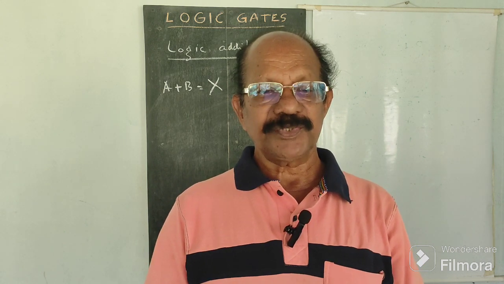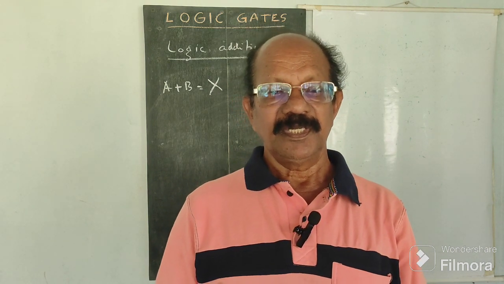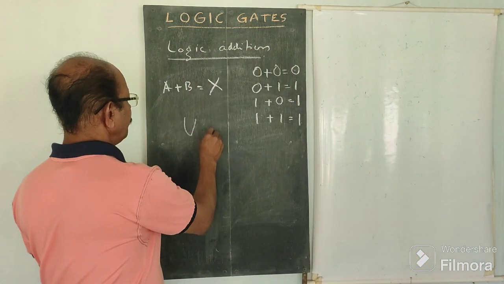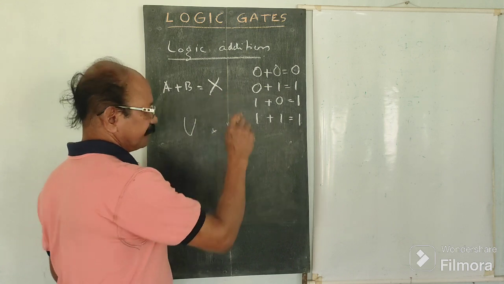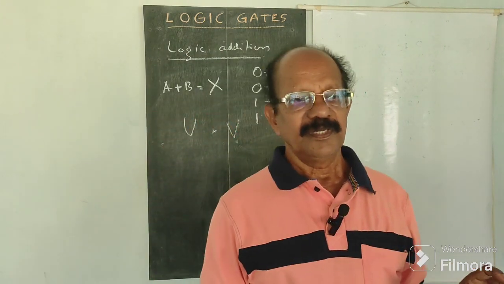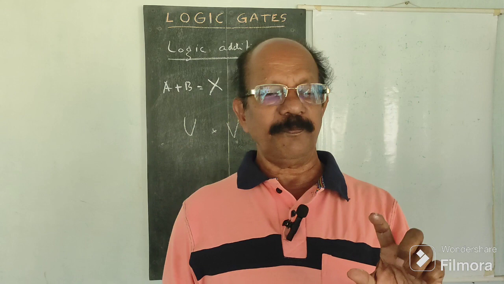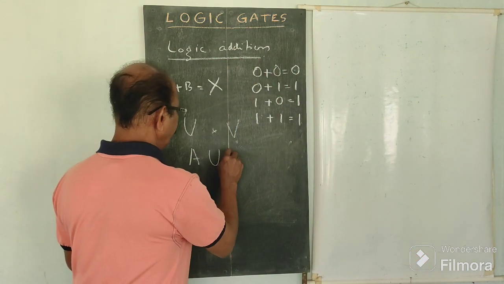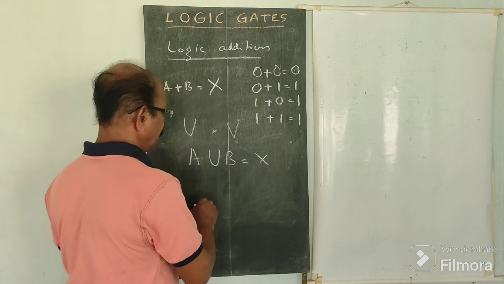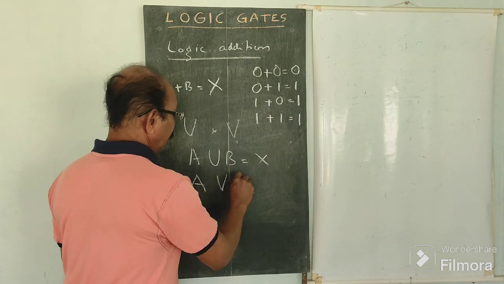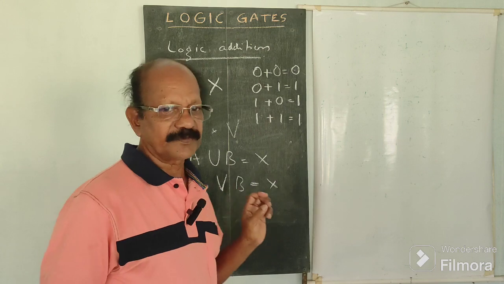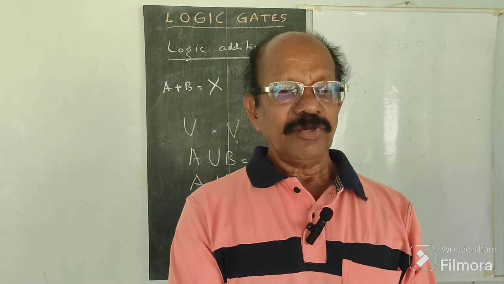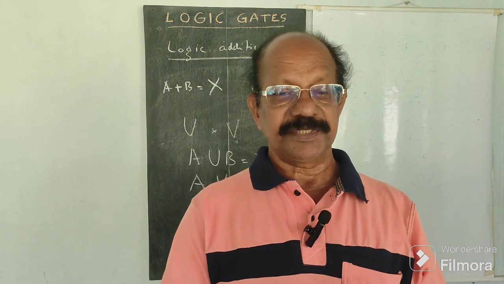In other notation we use the union sign for OR. Hence the above operation could be written as A union B is equal to X, or A or B is equal to X. What is the meaning of the last three additions?